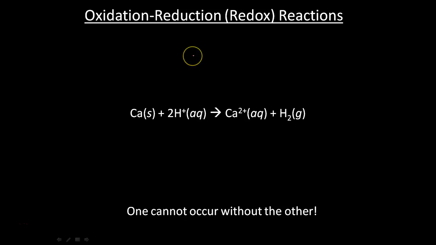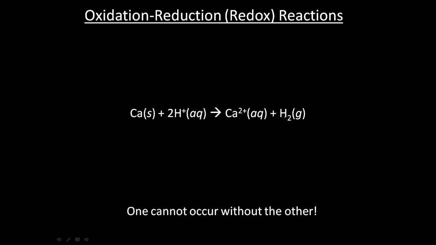So consider this equation down here. We have calcium solid plus 2H+ aqueous going to form Ca2+ and hydrogen gas. Now what's happening here? Calcium solid has equal numbers of protons and electrons, right? Calcium 2+ must have lost 2 electrons.